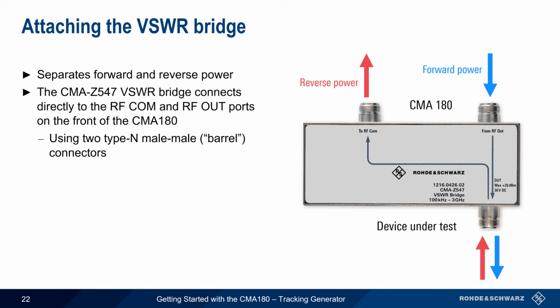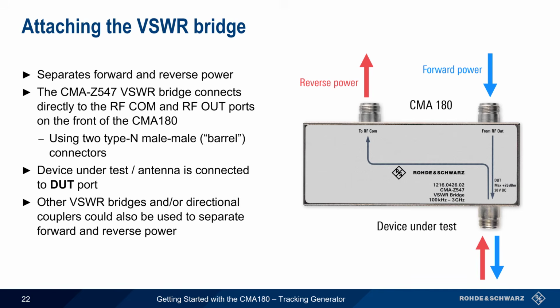And as mentioned a moment ago, the antenna or device under test is connected to the DUT port. Although we're using the Z547 VSWR bridge in this presentation, other VSWR bridges or types of directional couplers can also be used to separate forward and reverse power when making this type of measurement.